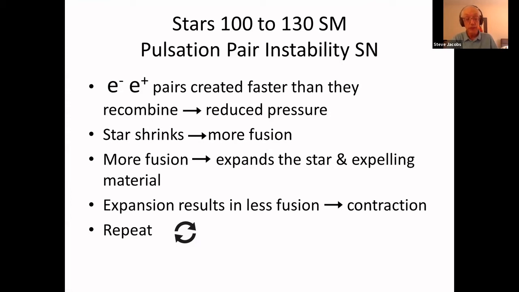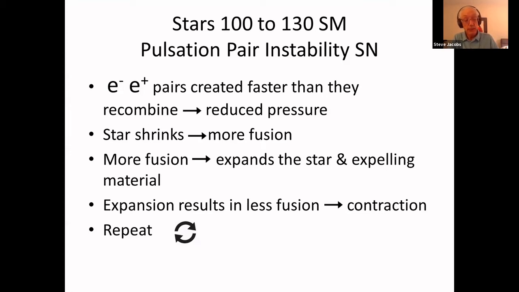The reduction in pressure and partial collapse will cause increased fusion. The increased fusion increases the thermal pressure, puffing out the outer layers of the star, and reducing the rate of fusion, and the star starts to shrink again, starting the process over.